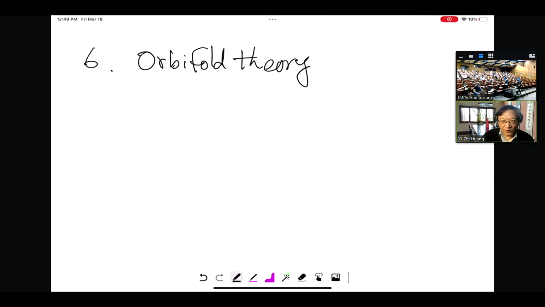Basically, we view conformal field theory just as the representation theory of a vertex algebra. So assume that we already have a nice conformal field theory, say for example a rational one.